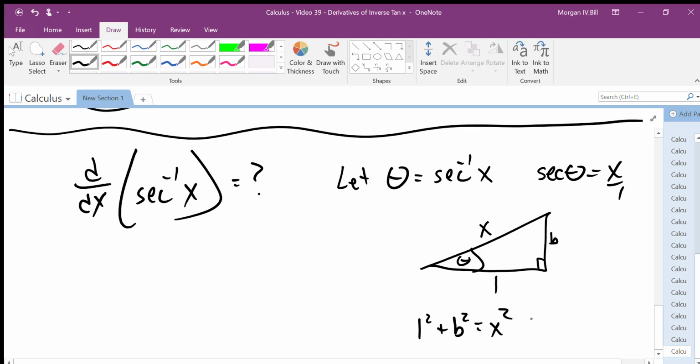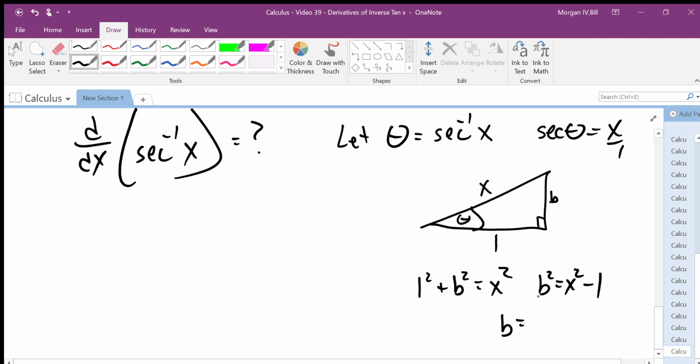Solving for b, I get b squared equals x squared minus 1, or b is equal to plus or minus the square root of x squared minus 1. Since we're dealing with the length here, let's just call it the square root of x squared minus 1. So I'm erasing b, rewriting square root of x squared minus 1. So that is the length of the opposite side for theta.